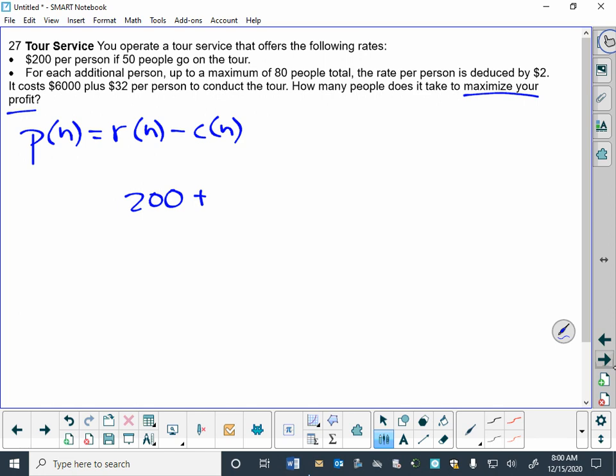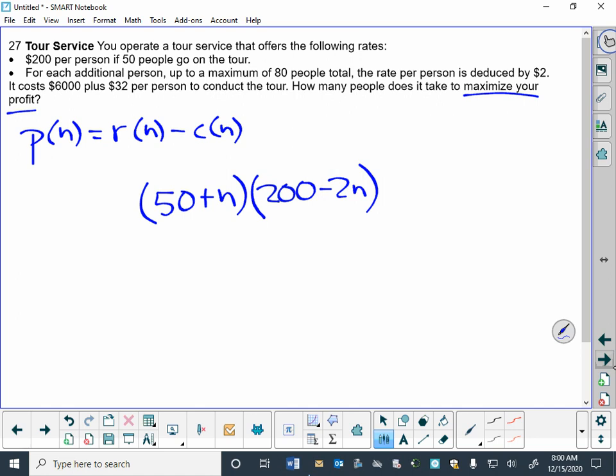If we have more than 50 people that go on it, so we'll do 50 plus n, then that rate is normally $200 per person, but we'll take off $2 per person as long as the n is bigger than 50, and all the way up to 80, so it does create some endpoints on this.